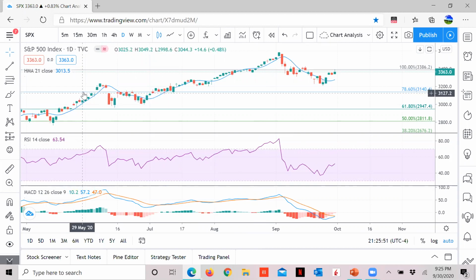Then this becomes the ceiling, the resistance. It shoots up, comes back again, takes the support, and then goes around, shoots up, takes the support, and then shoots up again, and this becomes the new resistance slash ceiling. And then it goes sideways here, consolidating.